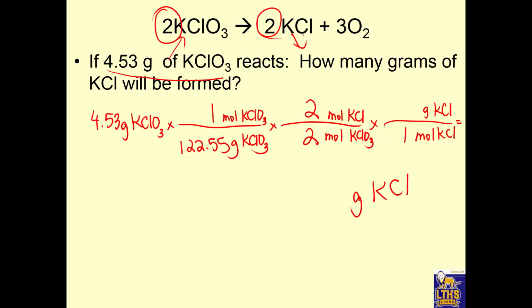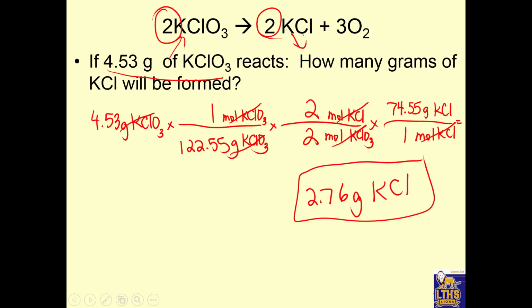Anytime it's grams and moles, moles are number 1, and grams come from the periodic table. So I add up potassium chloride, and I get 74.55. Okay, so grams cancel, moles of potassium chloride cancel, and then when we put it into the calculator, we get 2.76 grams of potassium chloride coming out.